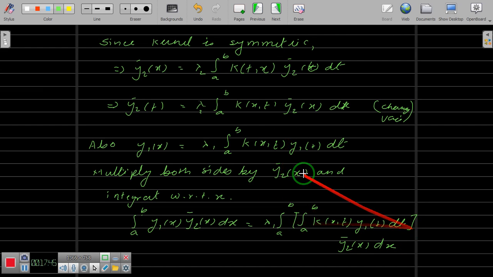So lambda 1 is outside, and this integral and this y2, when you multiply, you are getting that. Okay, let's go on the next page.